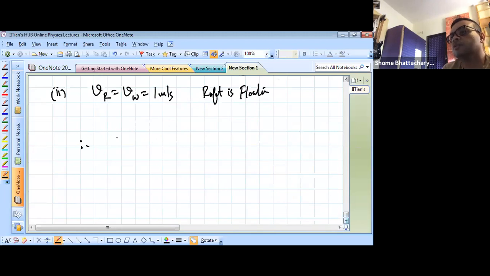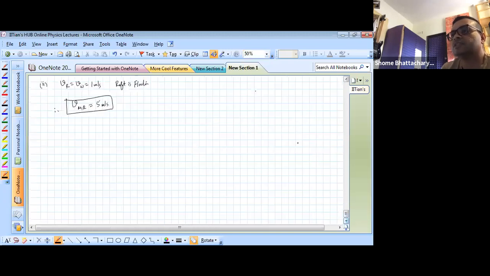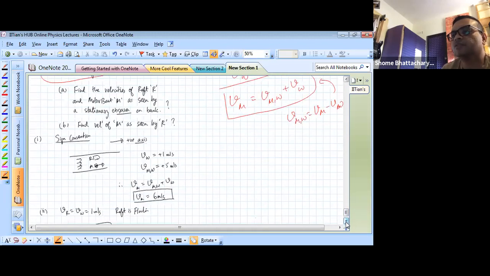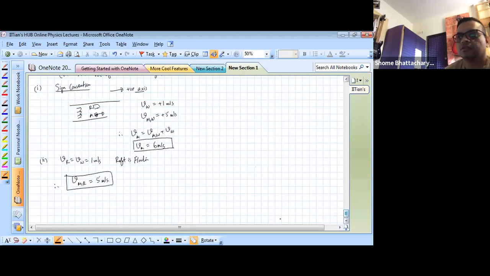So now the velocity of the motorboat with respect to the raft is again 5 meters per second. Okay. So to the guy sitting in the raft, it will look like the motorboat is going past him only at 5 meters per second. It won't look like it's going past at 6. But to the guy who's standing on the bank of the river beside, to him it will look like the raft is going at 1 and the motorboat is going at 6. Understood? Is this clear to all of you?